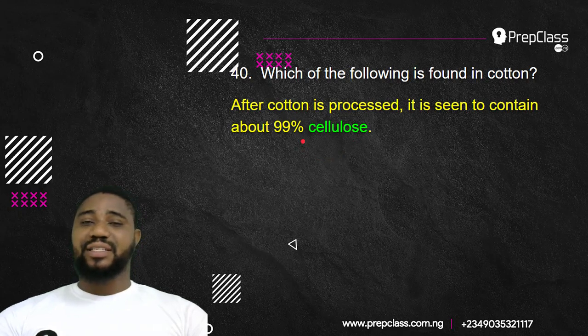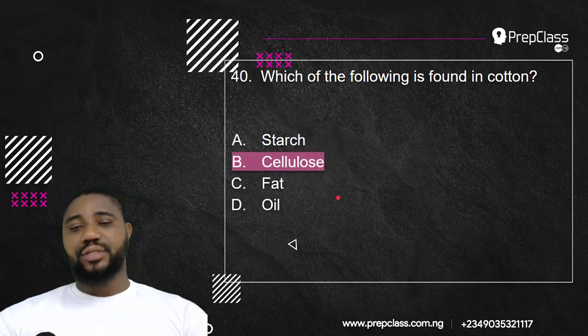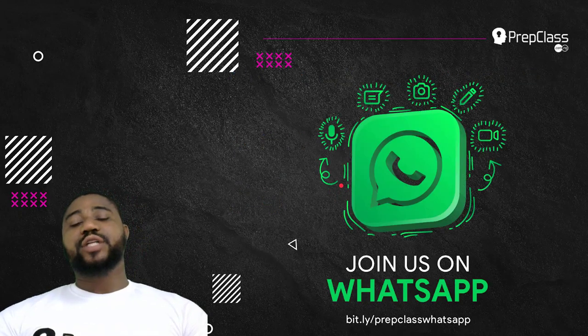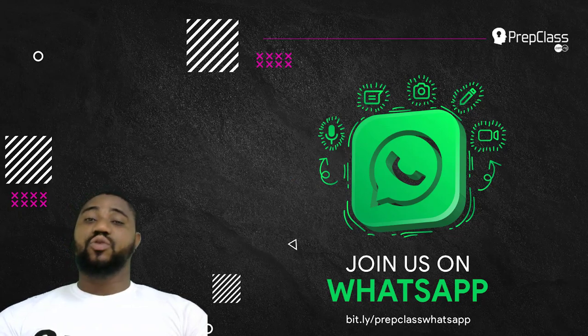But some animals can do that, like the ruminant animals. So cellulose is what is responsible for the fibrous nature of cotton. So the answer there is what? Cellulose. So the best answer is cellulose.